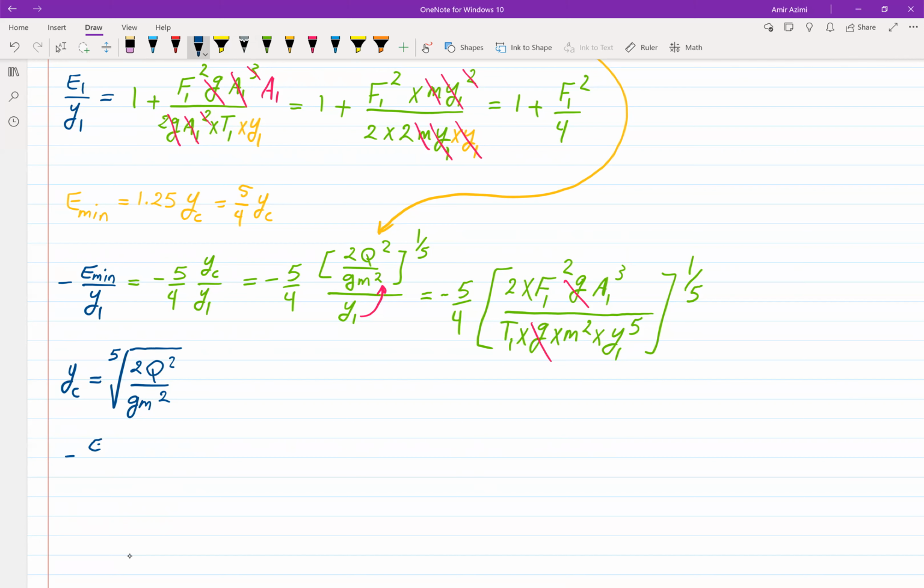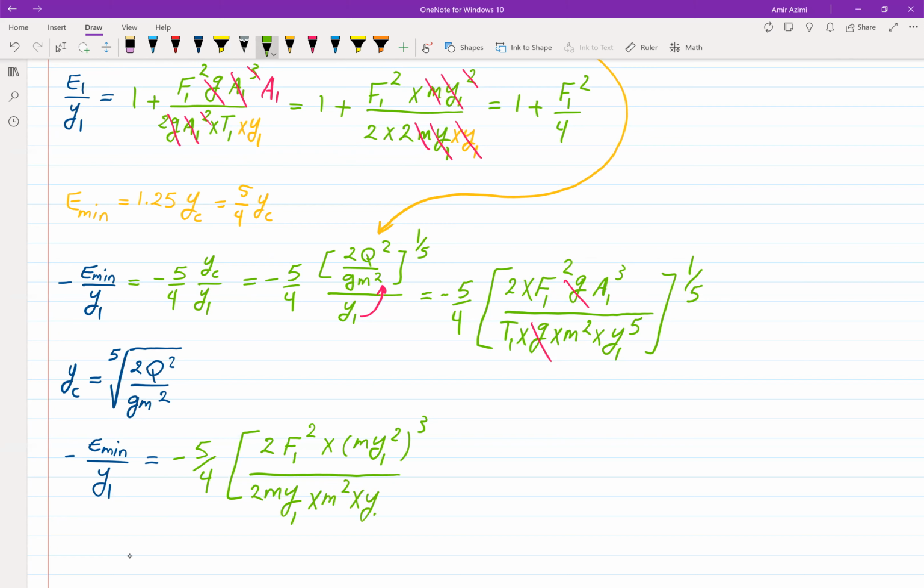So minus E minimum divided by Y1 is equal to minus 5/4 times 2 Froude 1 squared times MY1 squared to the power of 3 divided by 2MY1 times M squared times Y1 to the power of 5, and everything to the power of 1/5.